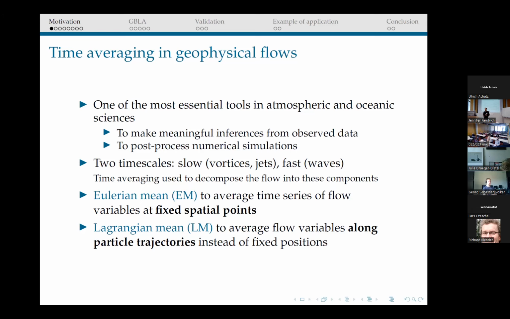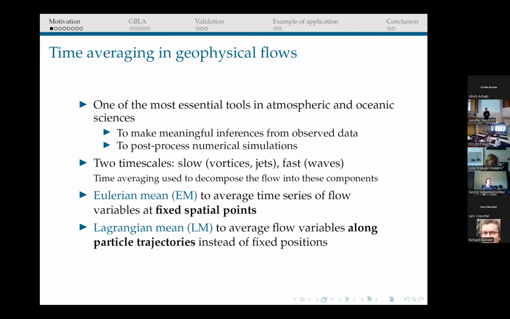This is even more highlighted considering the fact that there are two time scales in geophysical fluids. One is the slow one associated with vortices and eddies and jets, and then the fast one more associated with waves. And we can use time averaging to decompose the flow into a slow part and a fast part.